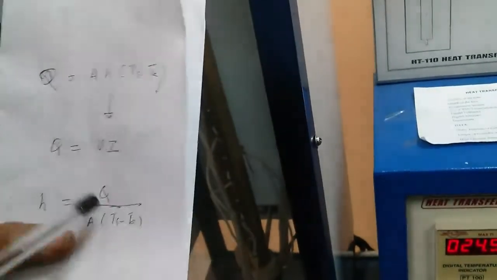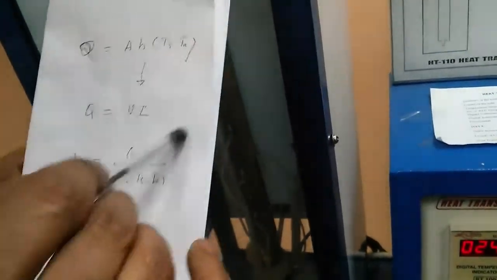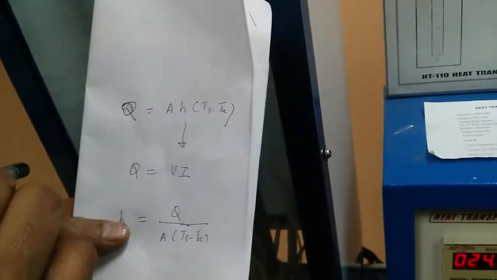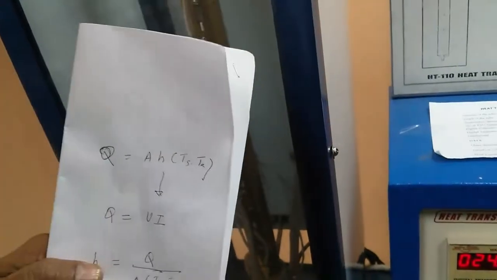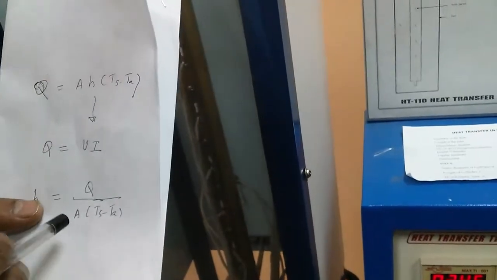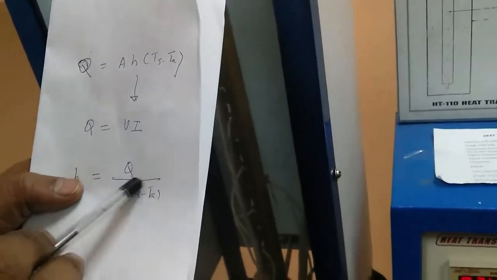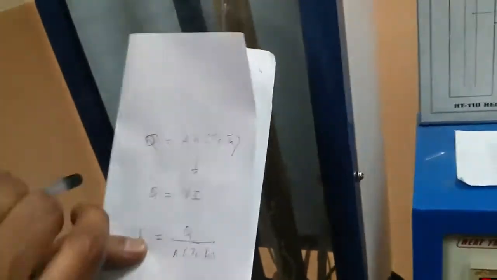Q is the total heat transfer, that is the total power input to the heater, and A is the surface area of the cylinder. So the outer surface area of the cylinder, you know the diameter and the length of the cylinder, so you can find out the area. Then Ts minus Ta: I need to find out the surface temperature of the cylinder.